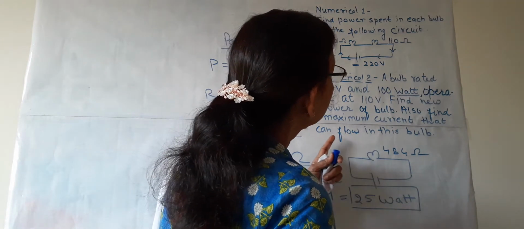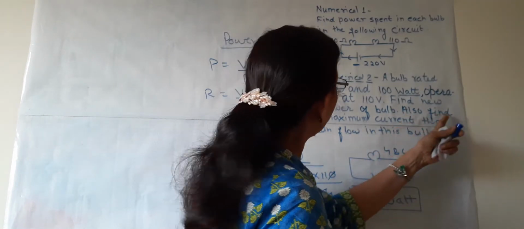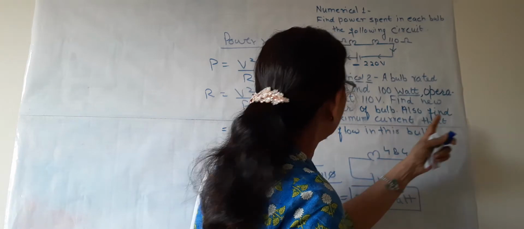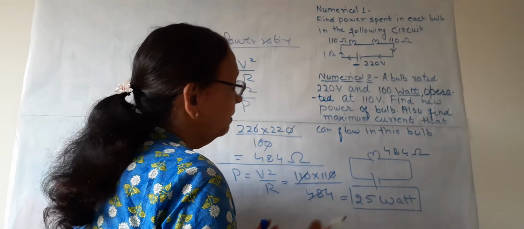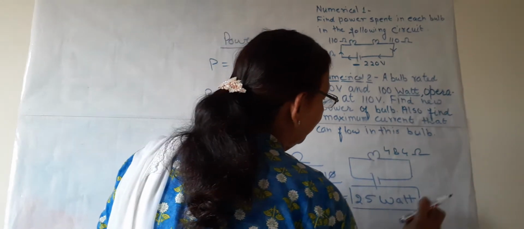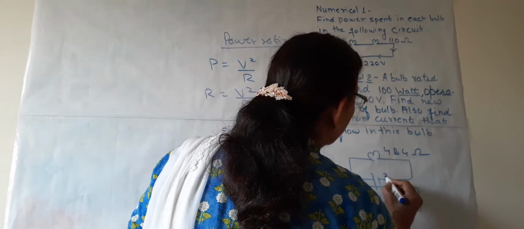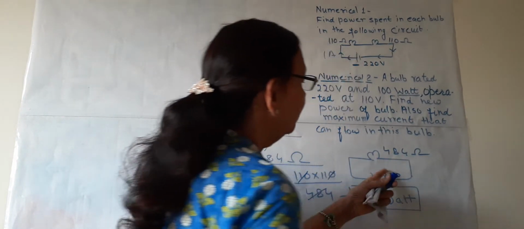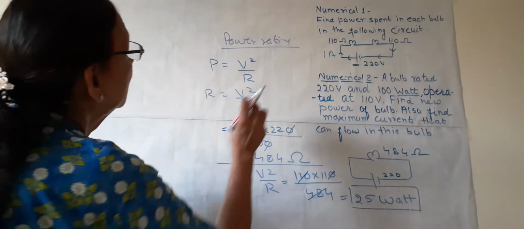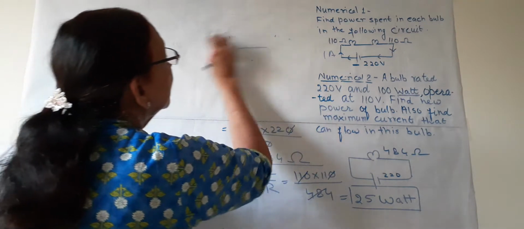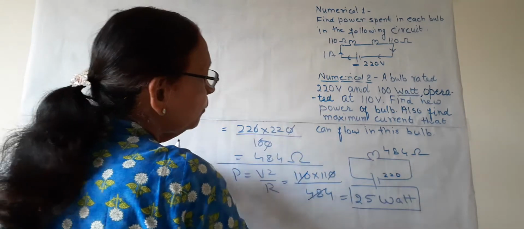One thing else is also asked. Also find the maximum current that can flow in this bulb. Maximum current that can flow, here it is 220 and this is the resistance. So current can be calculated by Ohm's law.